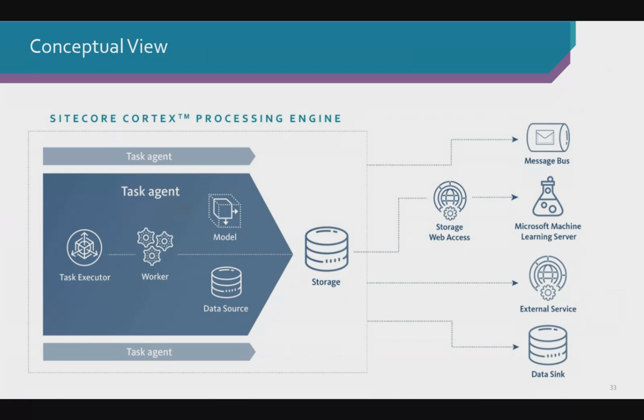On the right-hand side, you see it will also communicate with the message bus. It can connect to a machine learning server, or to any other external service, and it can also store that model into a data sink, which is essentially any kind of database or a zip file or anything. So your task agents will execute your workers, and at the end, once you get the model, you can store it.